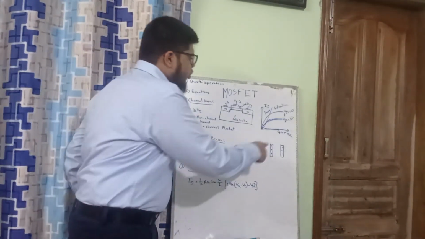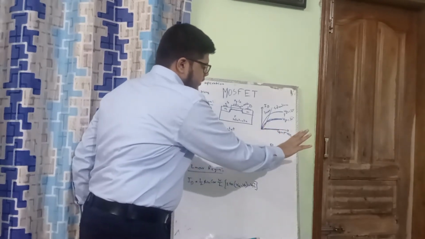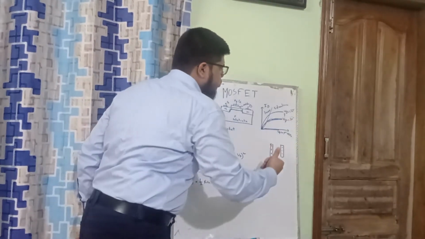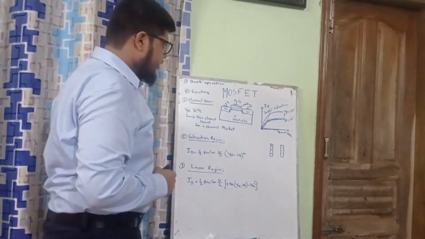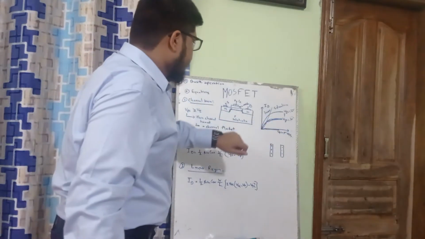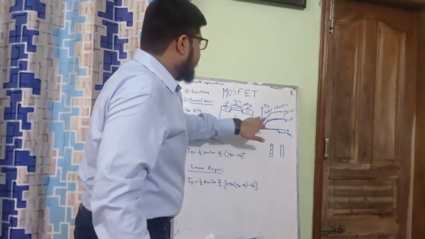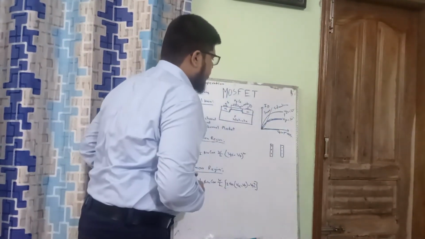So we see for gate to source voltage 0, we are increasing drain to source voltage, but current is 0. But if we increase the gate to source voltage, the drain current increases. Now look at the picture, look at this diagram. You will see in the graph that there are two regions, the linear region and the saturation region.